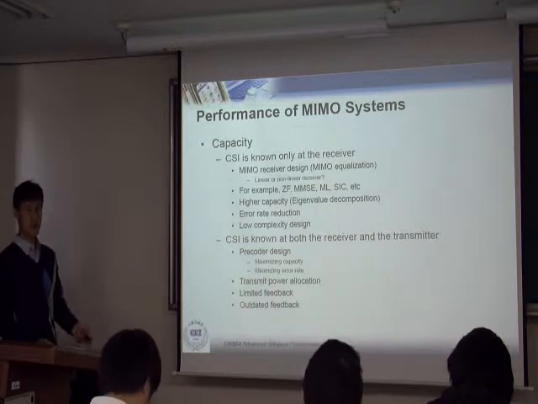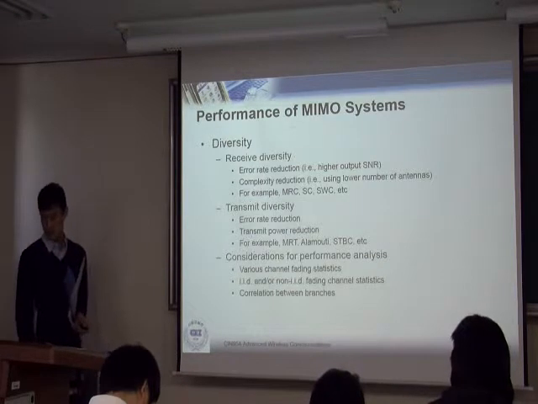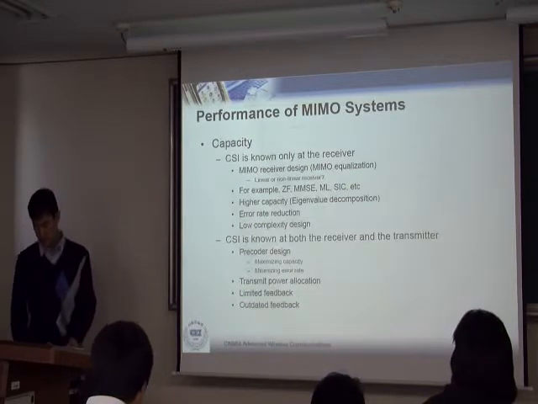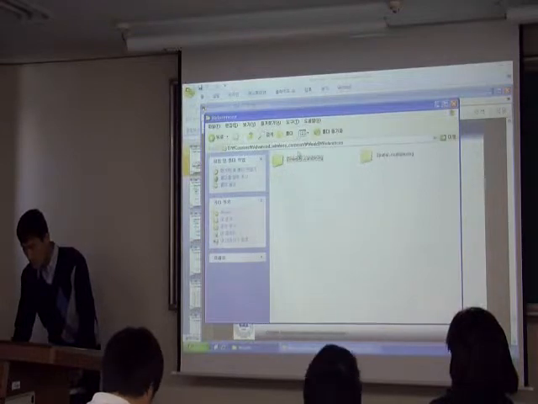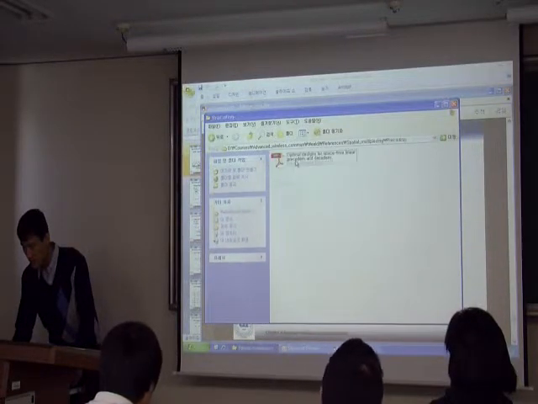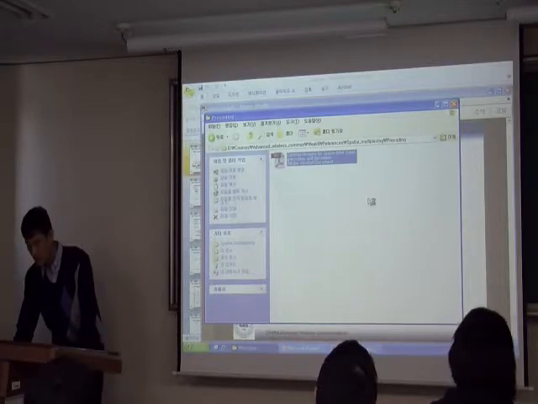Considering these practical limitations is more interesting, so people are looking at those things. There are so many different papers, but let me show you one thing, which talks about a precoder design.